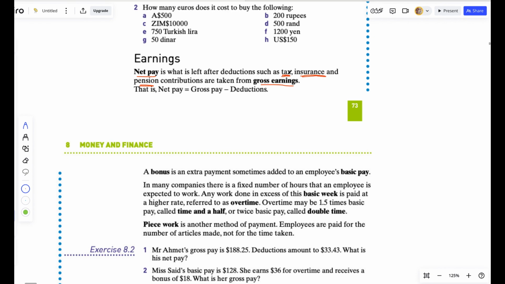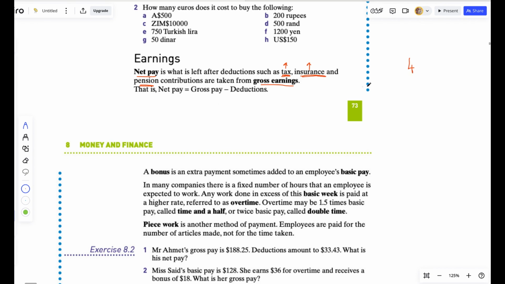But at the end of the month, the company will deduct your tax. Maybe your tax for the month is $90. Your insurance for the month is $100. Your pension is also $100. Let's say there's another deduction. At the end of the day, you're going to go home with maybe 4,000.